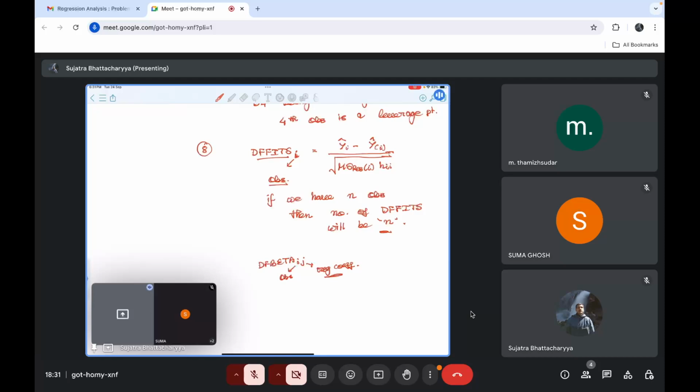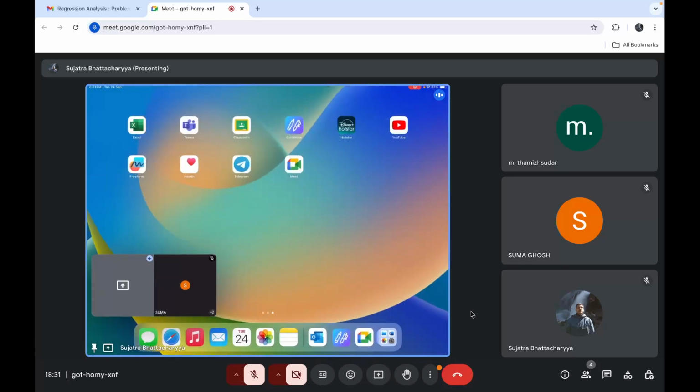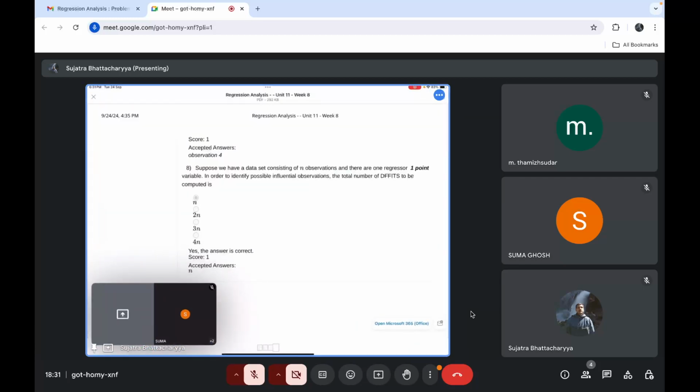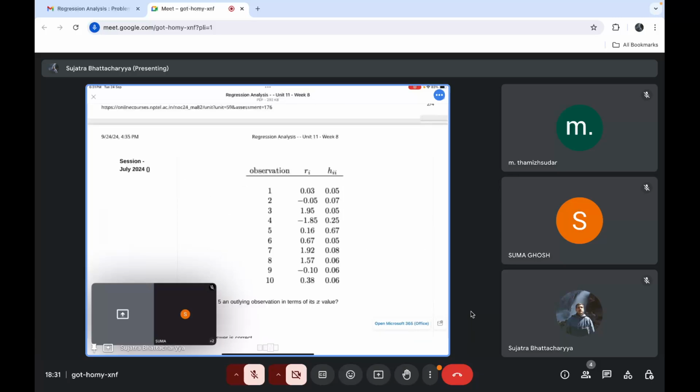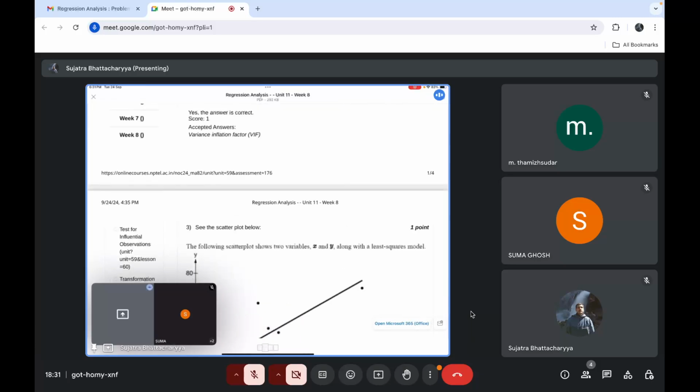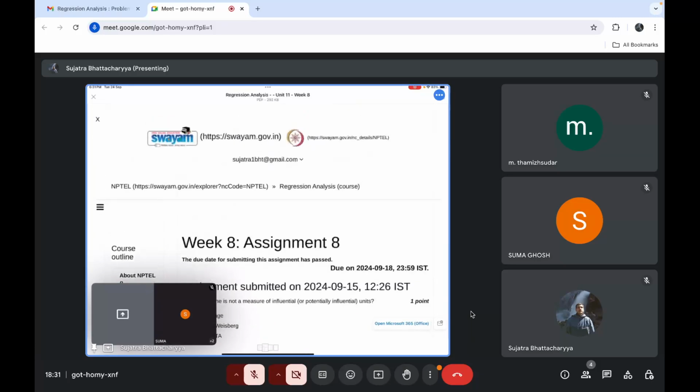Okay, one regressor is present means there are two unknown parameters. So this is 2 times n. So 2n will be the correct option for the DFBETA. But here it is DFFITS. So n. So with this, I think we can end this assignment of week 8.